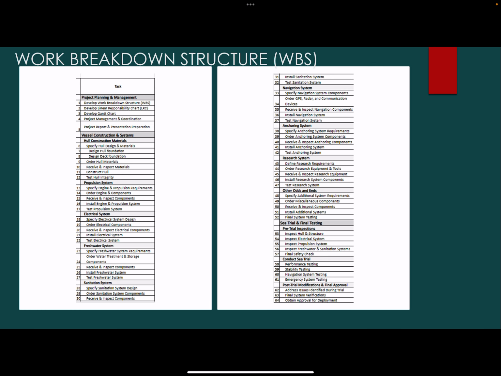As you can see on the screen, here is our work breakdown structure, which we completed in the earlier assignment, and which we can use as input for the project network diagram. We divided the vessel into several subsystems for better tracking and understanding, which sums up to a total of 64 activities or tasks.